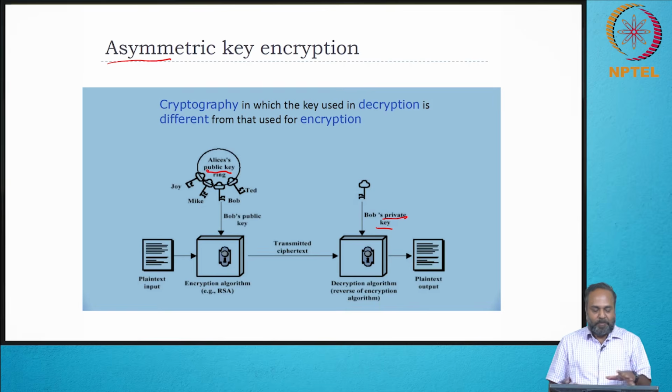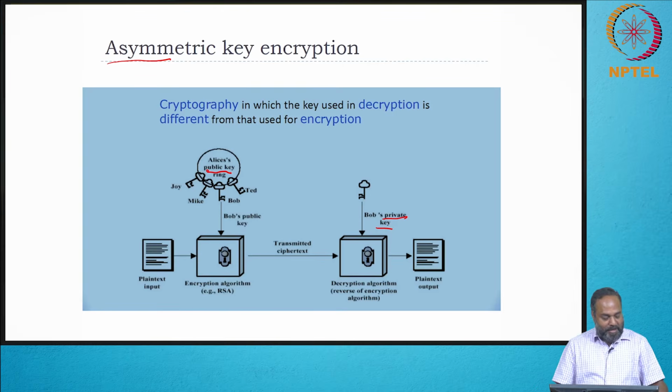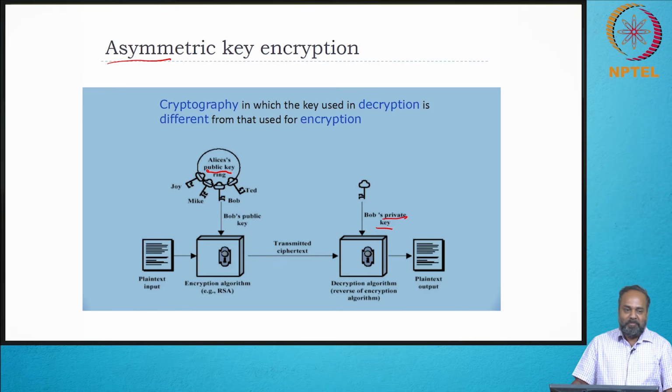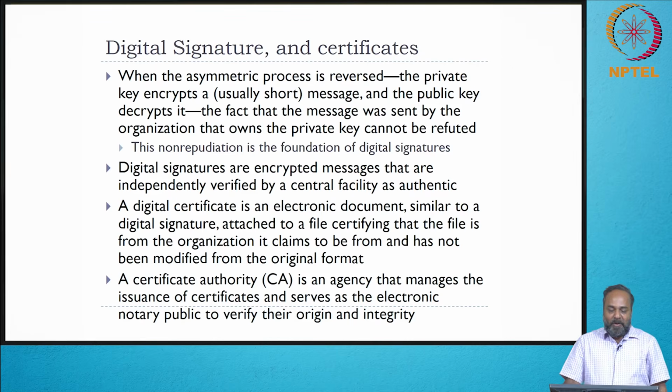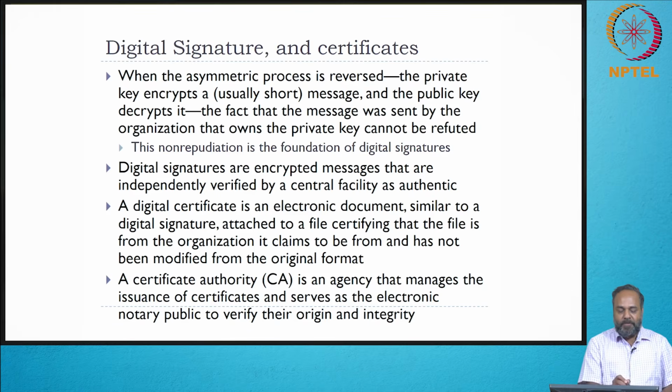That is the approach. It is not exactly the same as the example I am giving, but it is a sort of two different types of keys used for encryption and decryption. And on a lighter note, you can see that Alice has distributed her public key not only to Bob, but to many others.